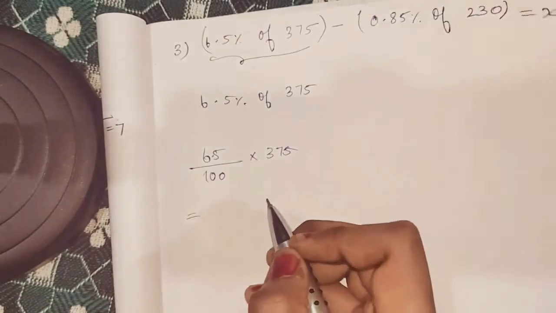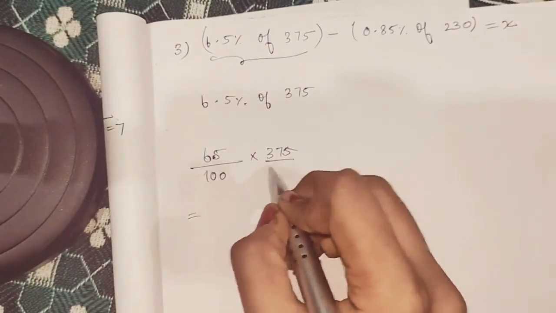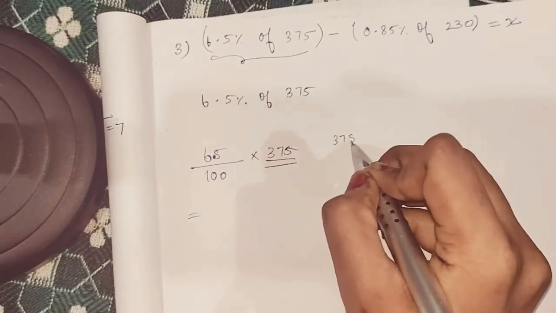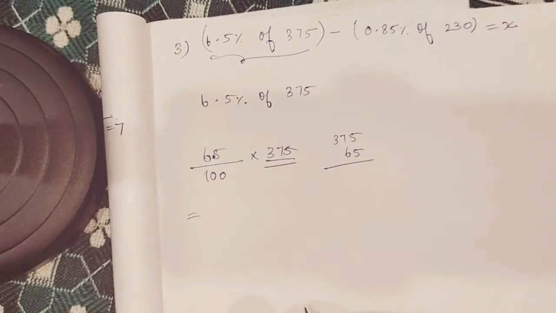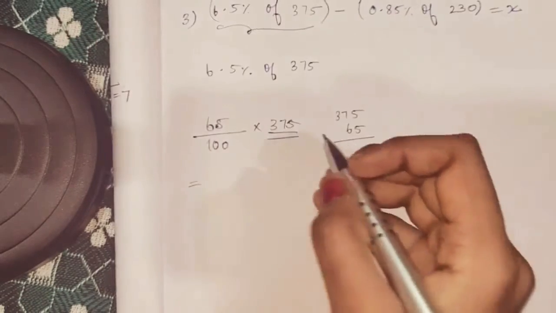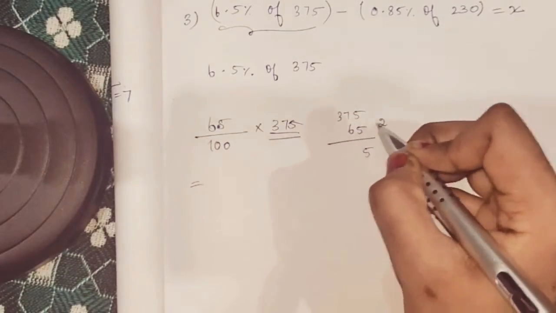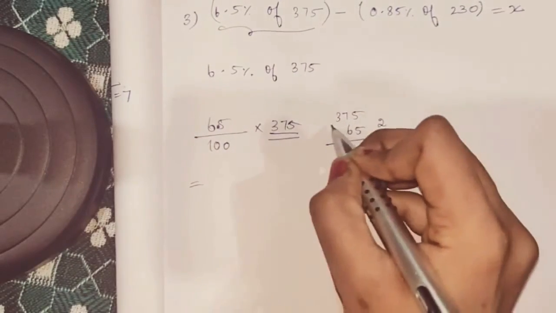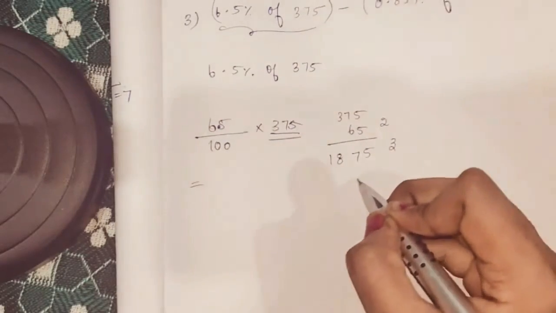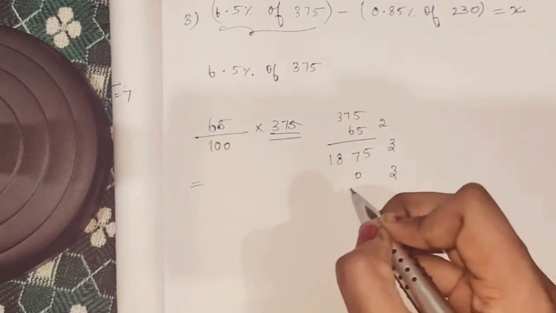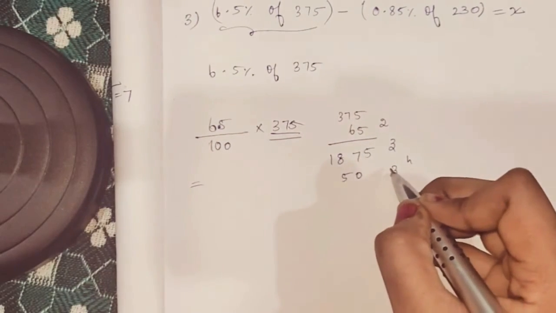So that is equal to, what is that? Now multiply 375 and 65. So what is 375 into 65? Okay, when you multiply this, what will you get? 25, 35, 37, 3, 15, 18, 30, 45, 18.